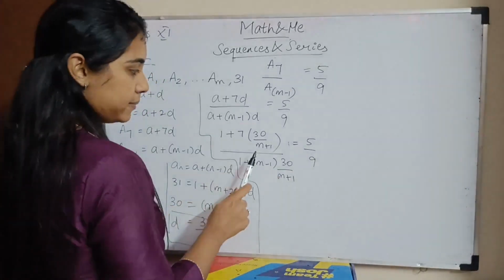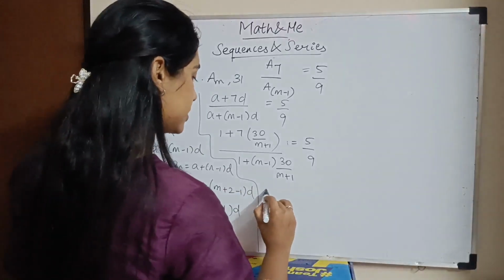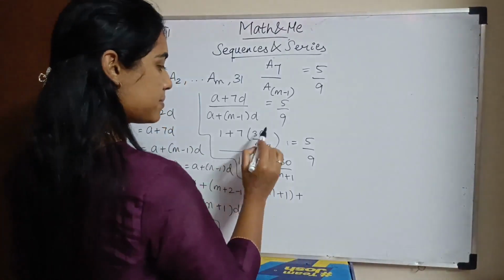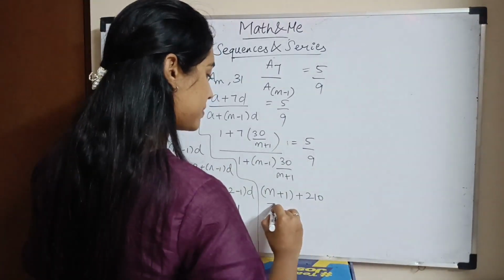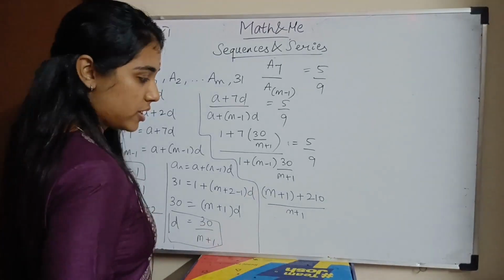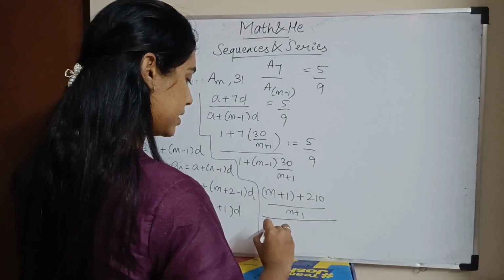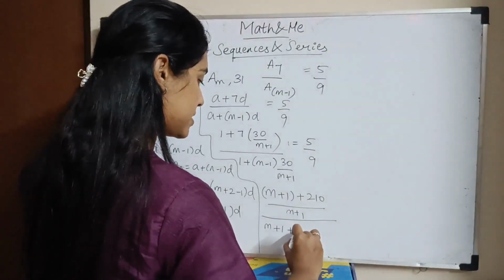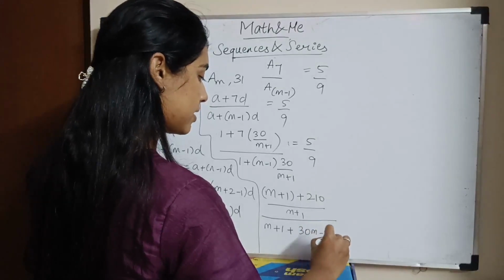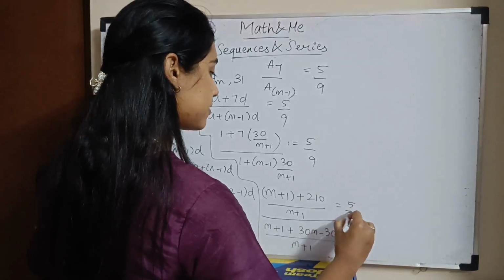Let me take the LCM, which is m plus 1, and multiply by m plus 1. So the numerator becomes m plus 1 plus 7 times 30, that is 210, and in the denominator you get another m plus 1, so that gets cancelled. Then m plus 1 plus, multiplying inside, 30m minus 30 over m plus 1 equals 5 by 9.